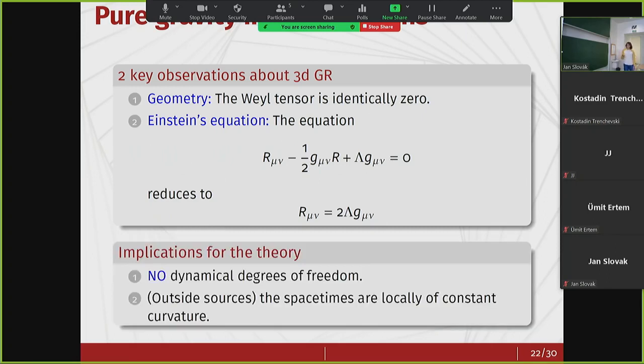As I mentioned, there are no degrees of freedom, a consequence of the fact that the Weyl tensor is trivially 0 in 3 dimensions. And the second is that this equation is telling us that locally, outside sources, your spacetime is going to be of locally constant curvature.